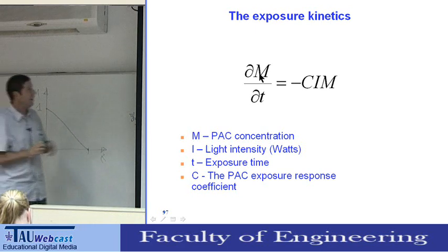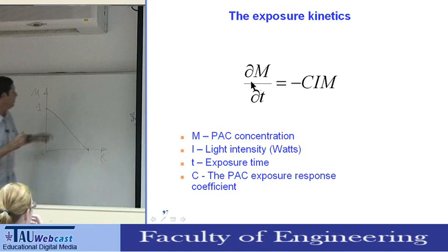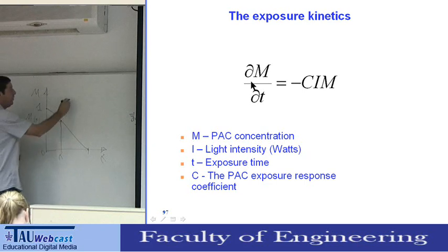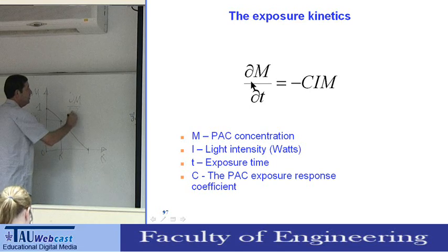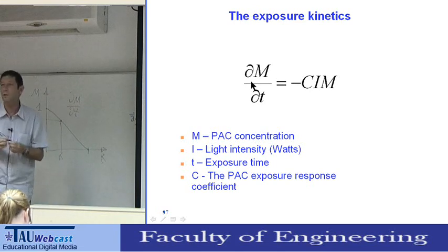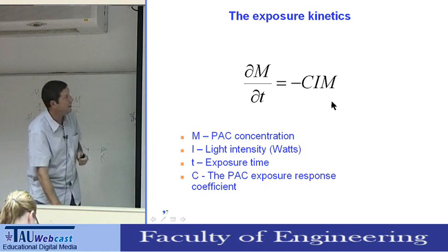Because of the function here, M, or the rate, if I'm here at time t, and this is M of t, I ask myself, what is dM over dt? How many molecules are destroyed per unit time? The number of molecules destroyed is proportional to the light intensity.